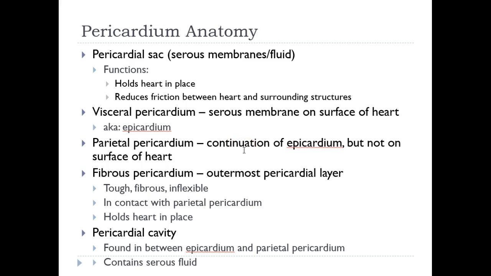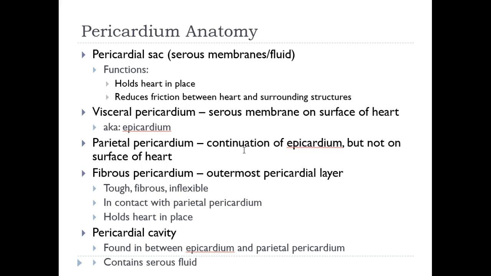So the pericardial sac, which we talked about, is a round area, sort of like a water balloon that has the heart inside of it, and it's designed to reduce friction and make it so anything that pokes around it won't actually stop the heart from pumping. Then there's a visceral pericardium.